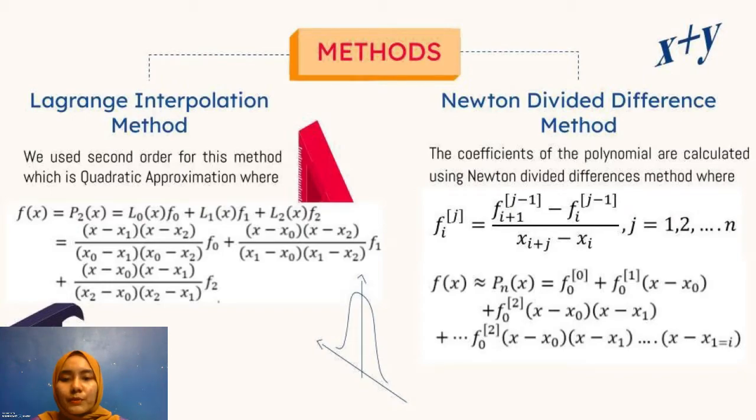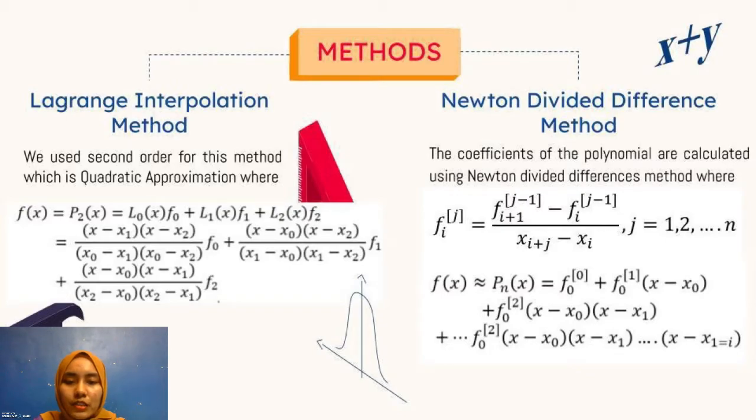So the suitable methods to solve our problem, we use two kinds of methods, which are the Lagrange interpolation method and the Newton divided difference method. Lagrange interpolation has three kinds of order to solve the solution, but we only use second order, which is a quadratic approximation formula that has 3 points given in the solution.